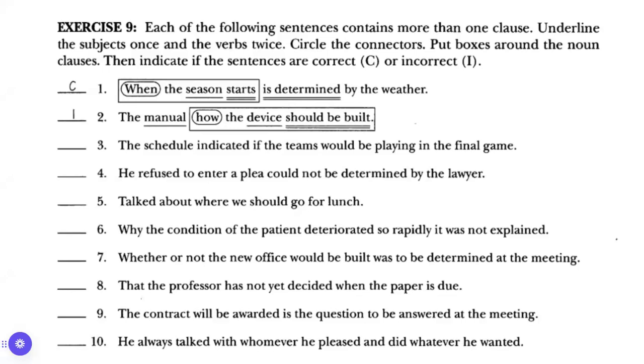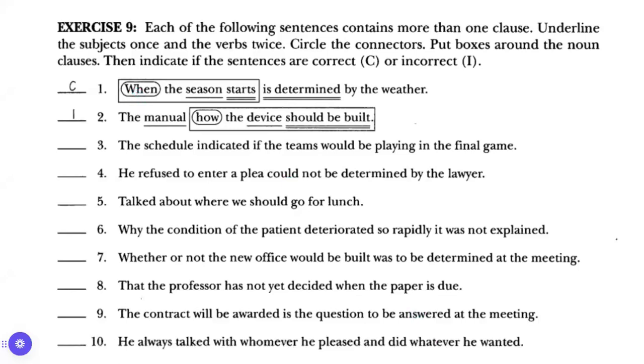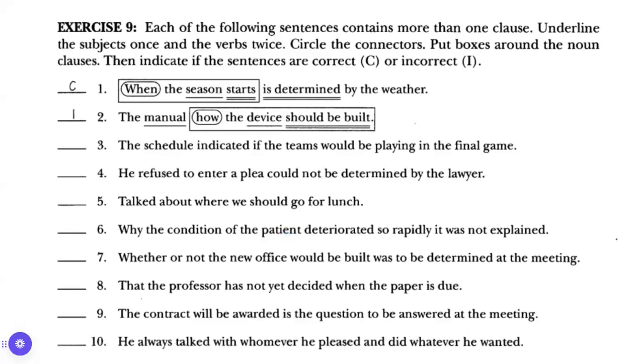For example, number 1 says, when the season starts, we have one of the noun clause connectors, when, is determined by the weather. In this case, the sentence is correct because I have my clause here, subject verb, which makes a complete clause, acting as the subject of the sentence. Subject, verb, is determined by the weather.